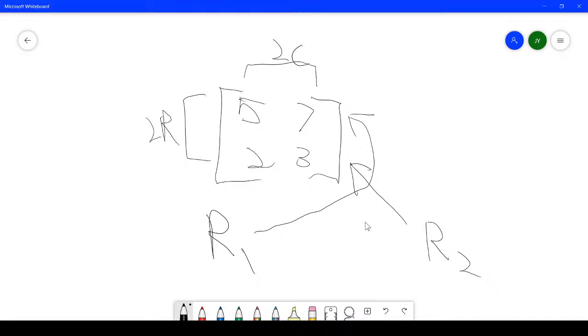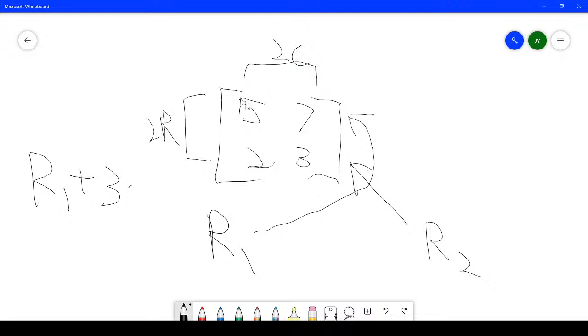Now, when stuff like this is used, it's because sometimes the question asks you to change the internal numbers of the matrix by using these types of notations. For example, if they say R1 plus 3, what you do here is that to row 1, you add 3 to each number.